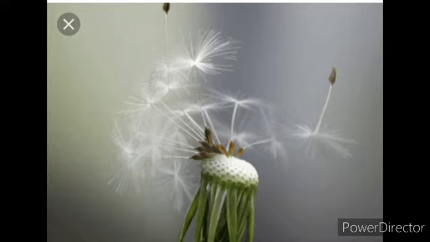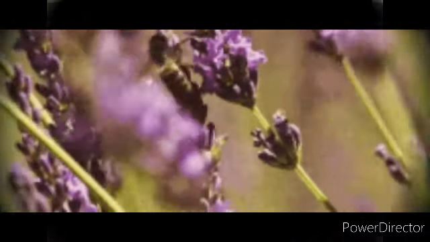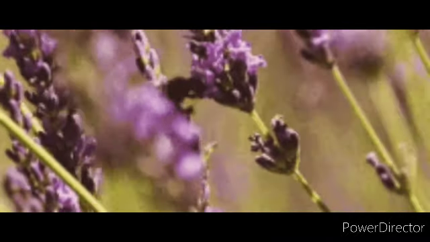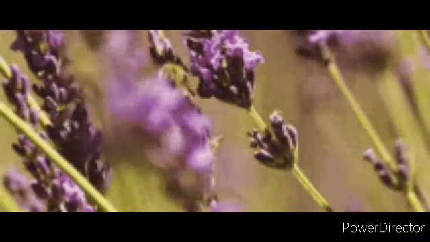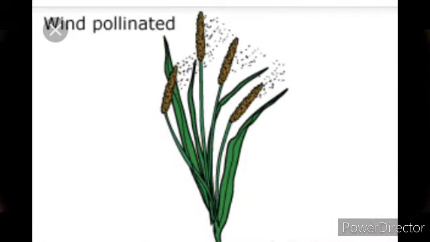The plants are maize, palm, pine, etc., which produce dry pollen grains in a large amount. When these flowers mature, the pollen grains get blown away by the wind, and these pollen grains may fall in various places, and some may even get washed away.